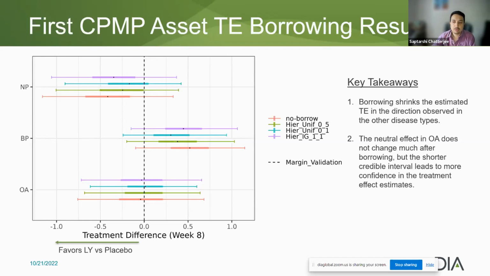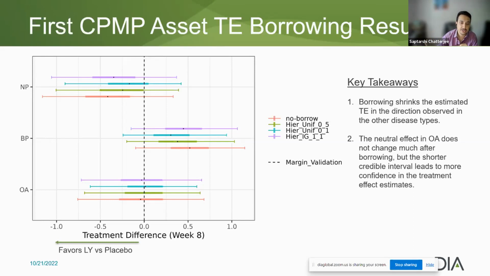So overall, what we observed is definitely, if you can see, the borrowing shrinks the estimated treatment effect in some direction. So for example, for DPNP, where we observed a modest efficacy, after doing the borrowing, it was pulled back towards a little bit lesser efficacy.